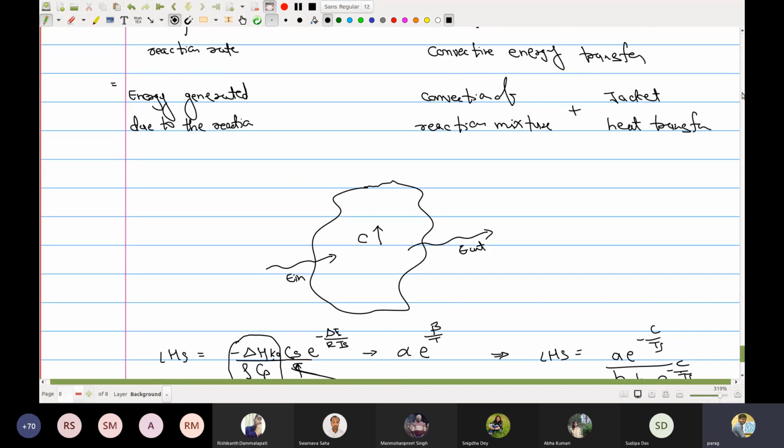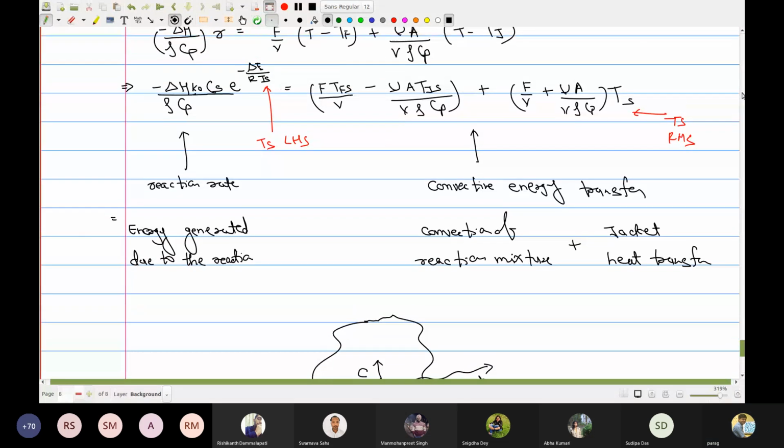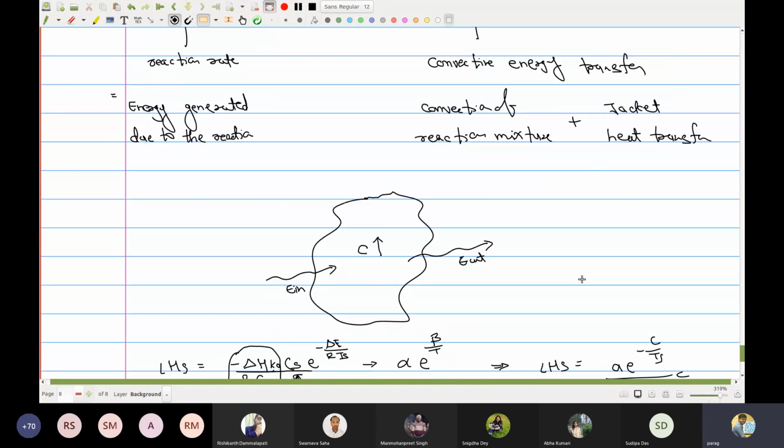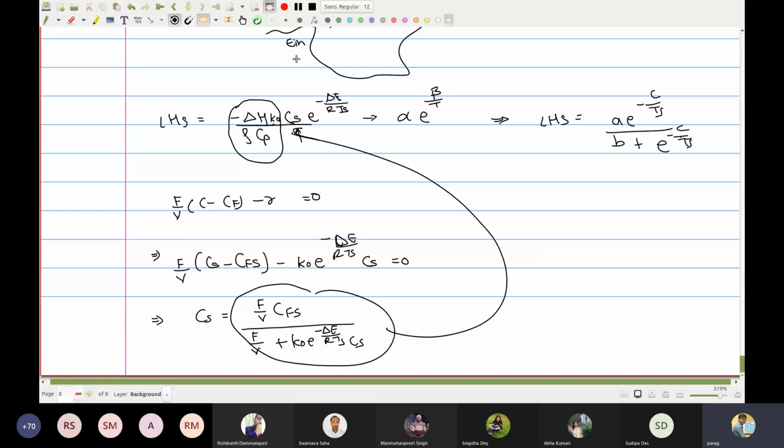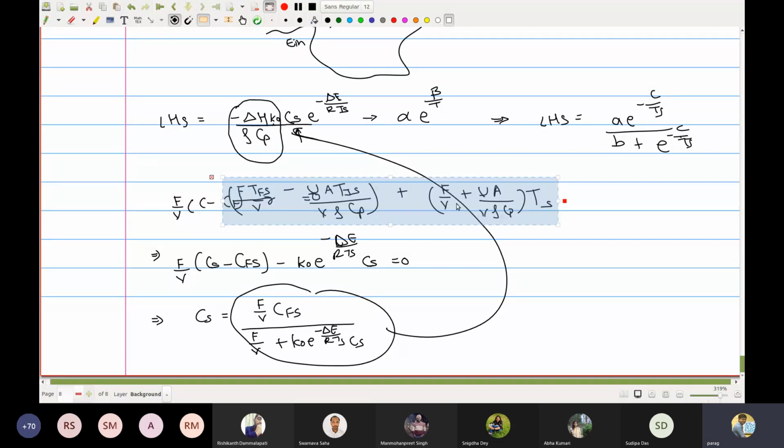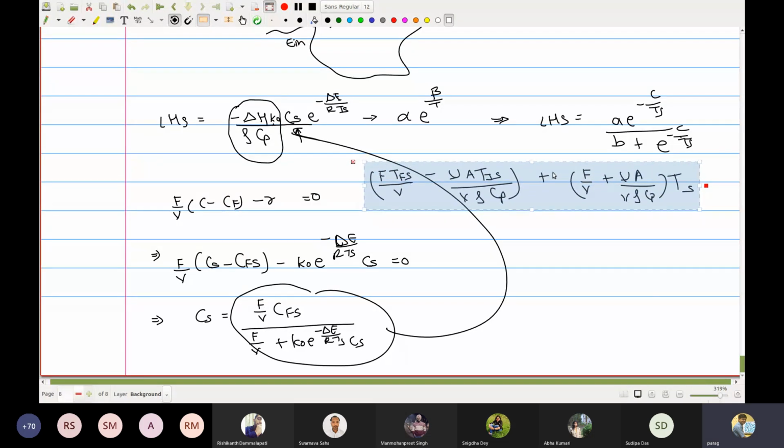How does the right hand side look? So this is the right hand side.